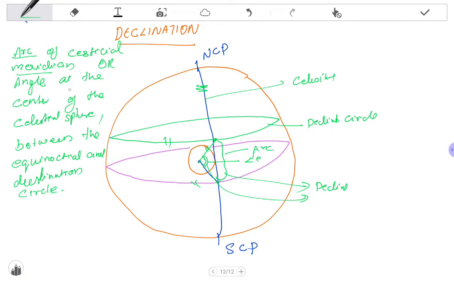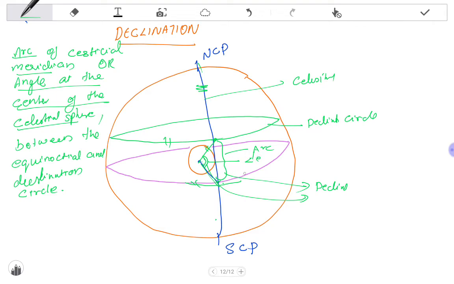Okay, so this is the celestial meridian. The arc measured on the celestial meridian between the equinoctial and the declination circle, or the angle at the center of the celestial sphere measured between the equinoctial and the declination circle.